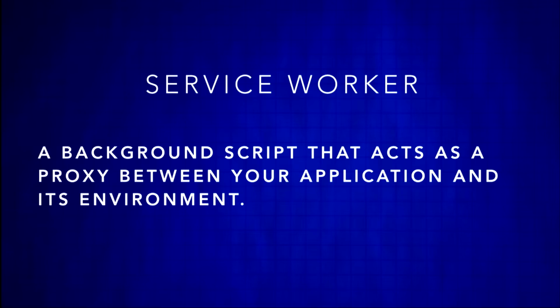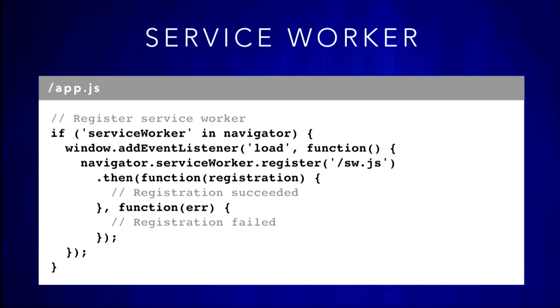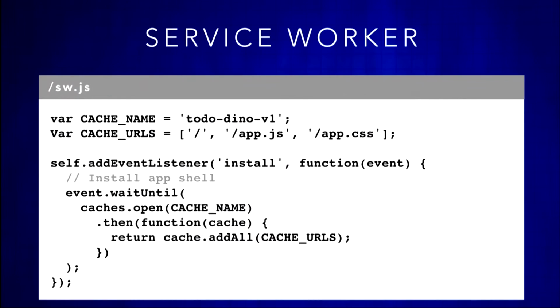Service workers are a background script that acts as a proxy between your application and its environment, basically proxying between the main thread of your app and the network layer. Service workers must be registered by your app. Here's an example of a registration of a service worker that exists at sw.js. And here's the contents of that service worker.